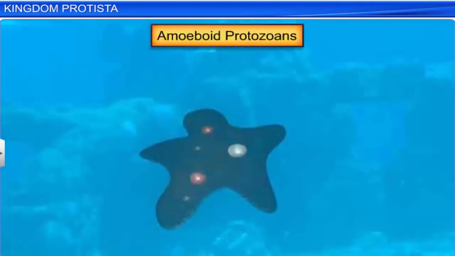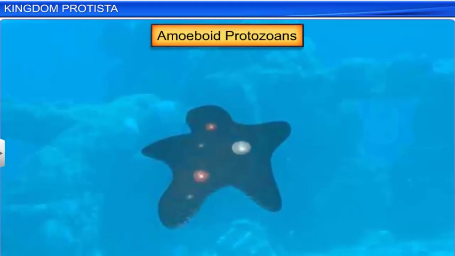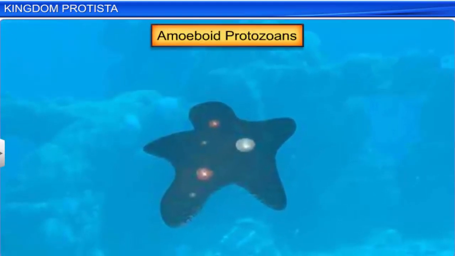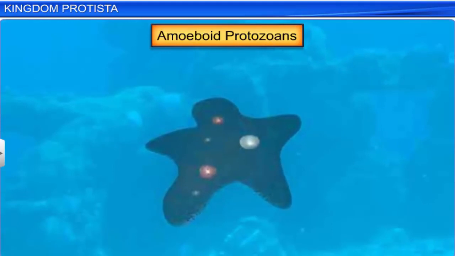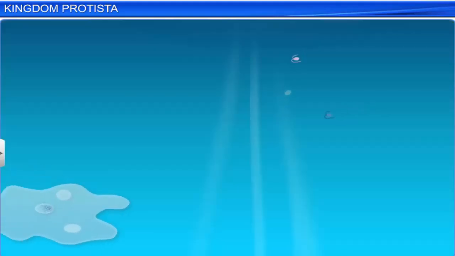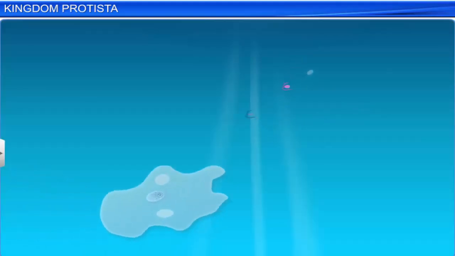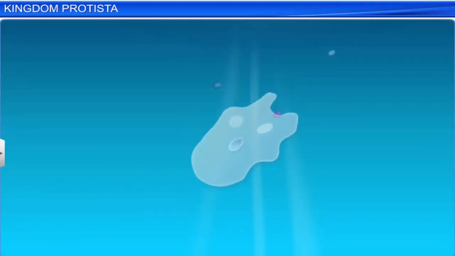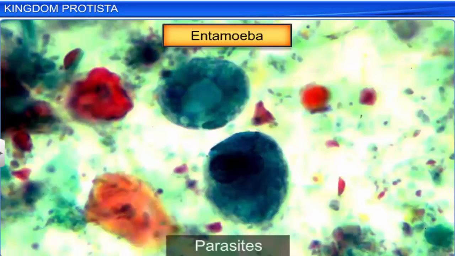Out of these, amoeboid protozoans are found in freshwater, marine water, as well as moist soils. They use false feet called pseudopodia to move and capture their prey. Some amoeboids, like entamoeba, are parasites.